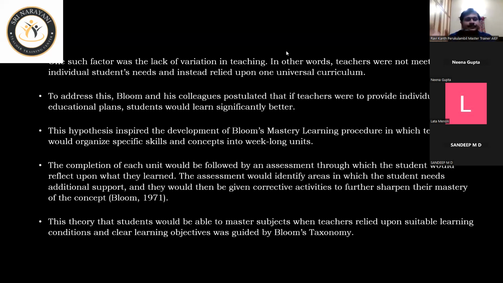It was a universal method of teaching that they were following, because of which outcomes were not met properly. Anyway, once the paper of Bloom's taxonomy, the journal of Bloom's taxonomy, was produced, it was circulated among the teaching fraternity. People understood that the learning should be personalized.